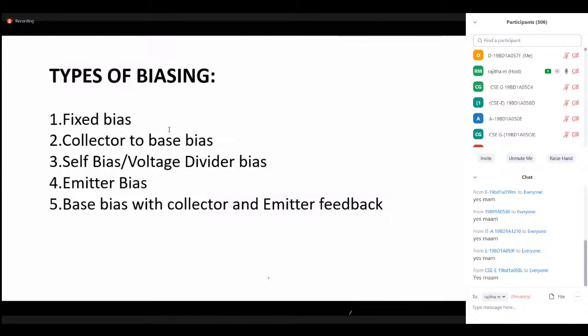How many types of biasing are there? The extra additional circuitry that you add as the biasing network is the biasing. So how many types of biasing are available? There are five types of biasing techniques available.